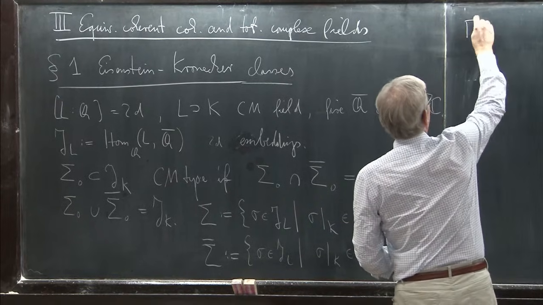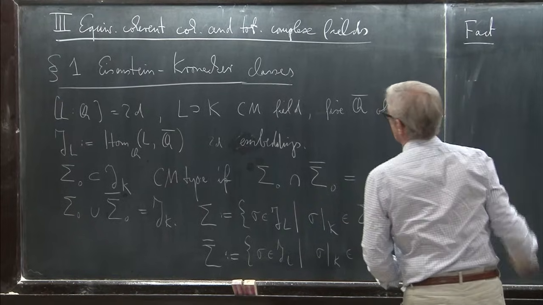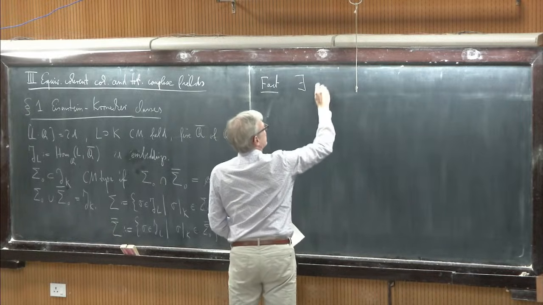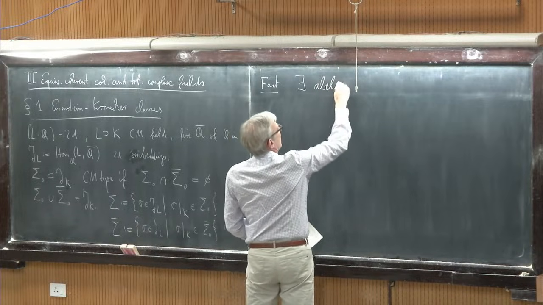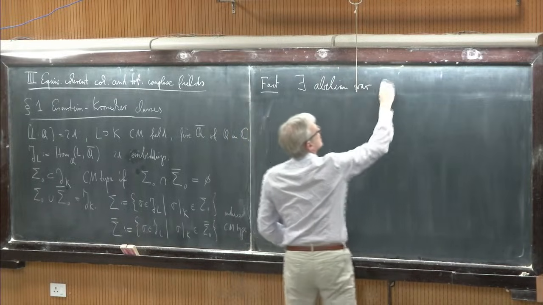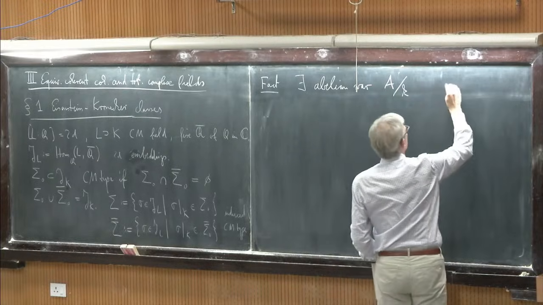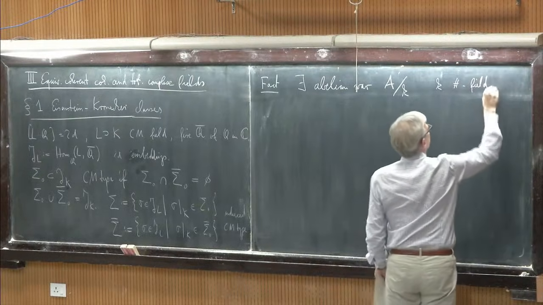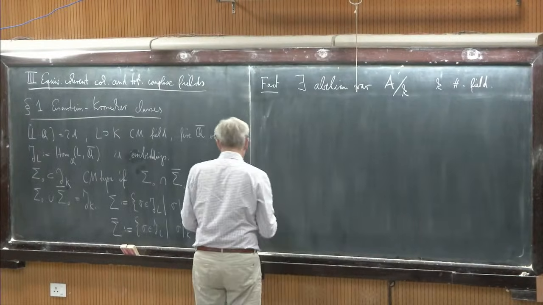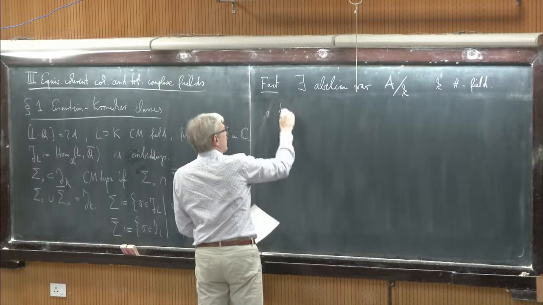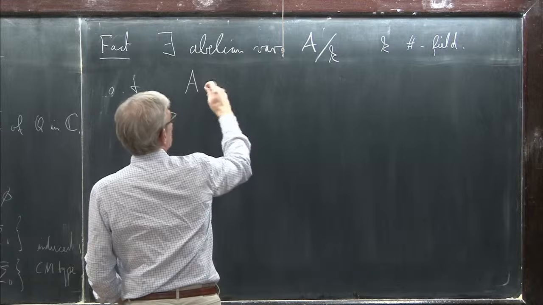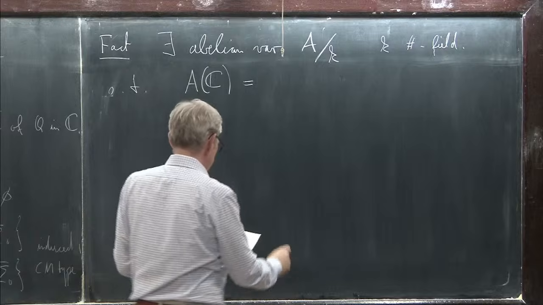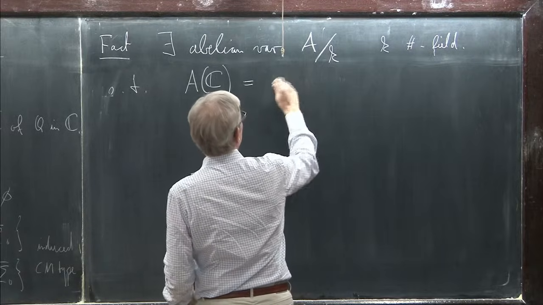So now the fact is the following, and that's really a deep fact. There exists an abelian variety A defined over some number field K, such that if I look at the complex points, it is given by the following.